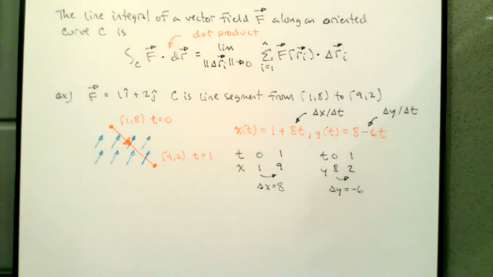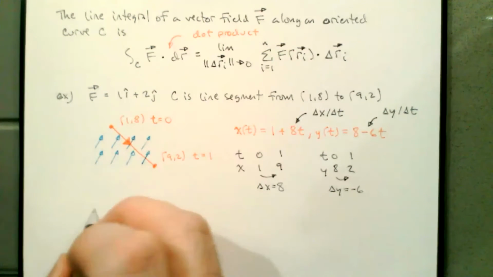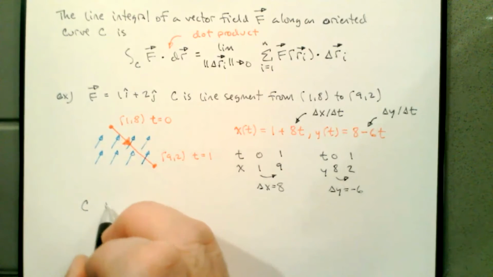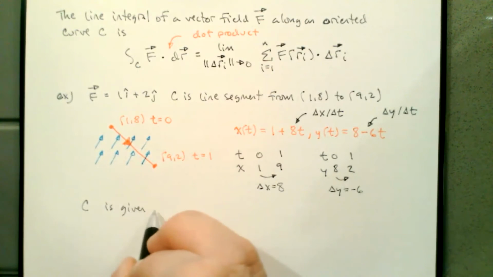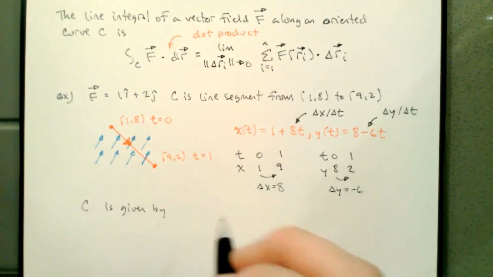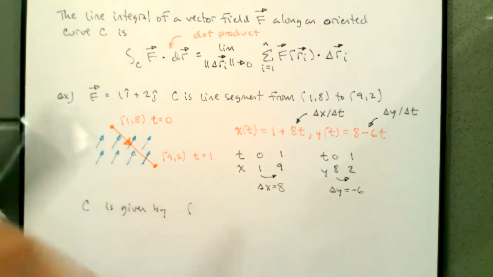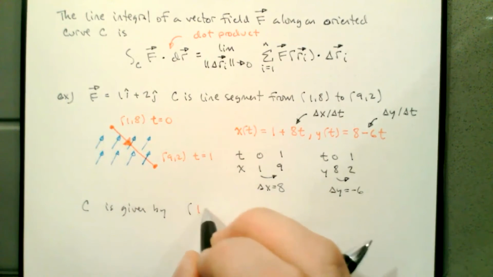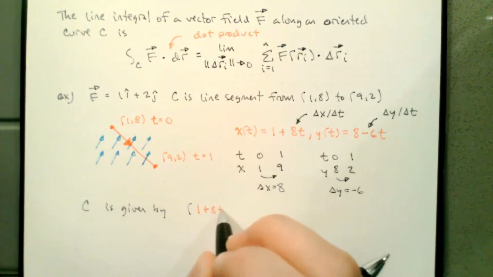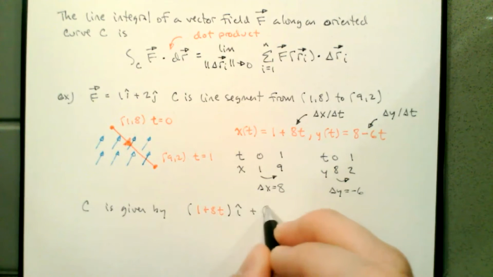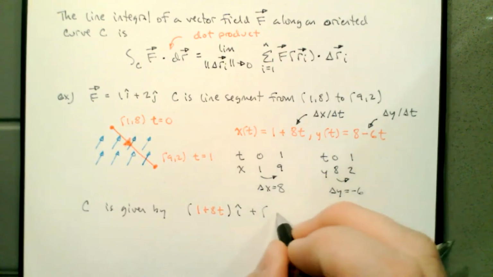So our curve C, if we parameterize it, I'm going to have x of t times i, so 1 plus 8t, and y of t times j.